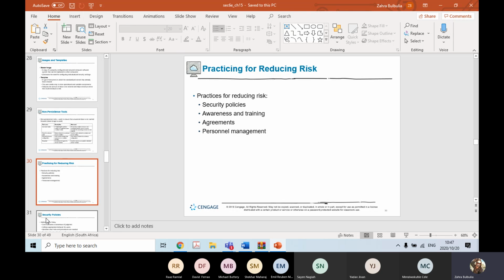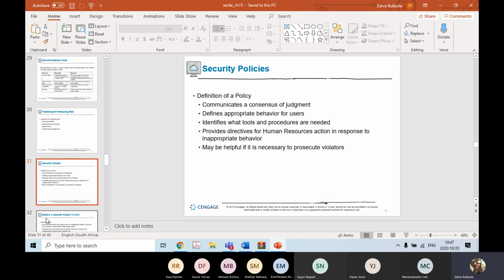Agreements and personnel management. In terms of security policies, it basically communicates a consensus of judgment, and it defines appropriate behavior for users of a system. It identifies what tools and procedures are needed, and it provides directives for HR action in response to inappropriate behavior.